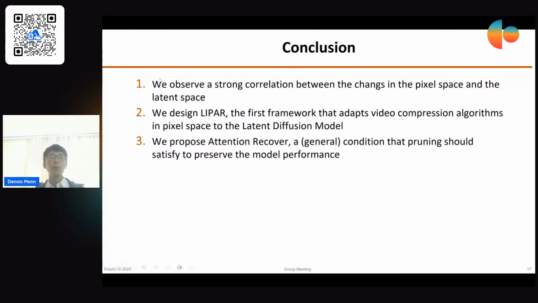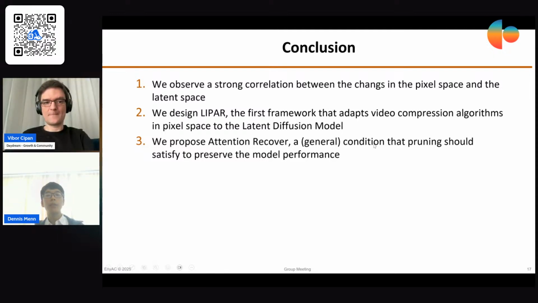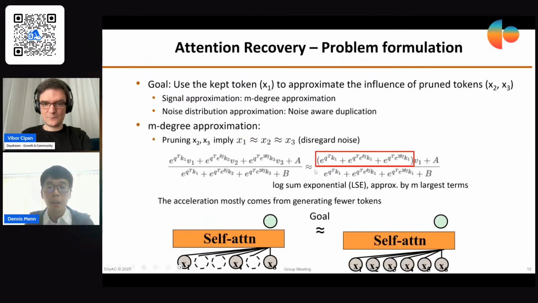We also propose attention recovery, a condition that pruning should satisfy to preserve the model performance. I did not test whether it is a general condition, but I do believe it is a general condition that you have to satisfy when you are pruning in the transformer architecture, because when we derived those things, we did not use prior knowledge of whether this is video generation or LLM.